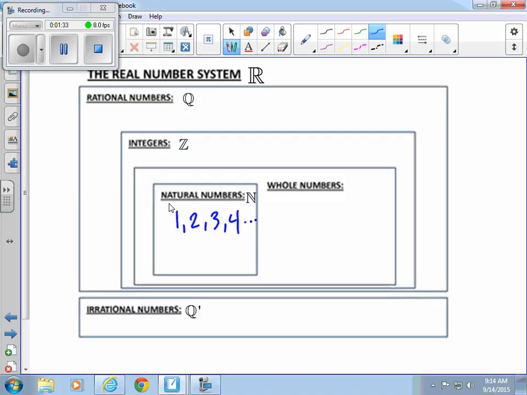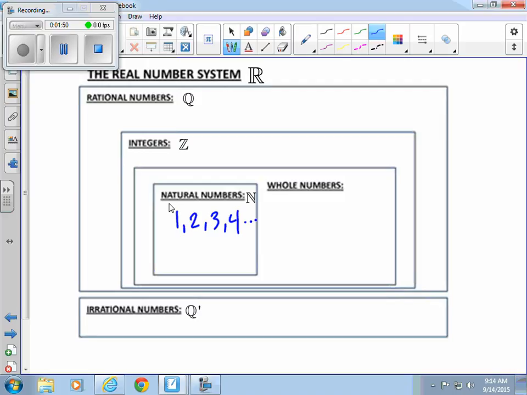All of the counting numbers from 1 up. By the way, those are abbreviated with a capital N, and in a textbook it would be a bolded N. If you just write an N, I'll take it.